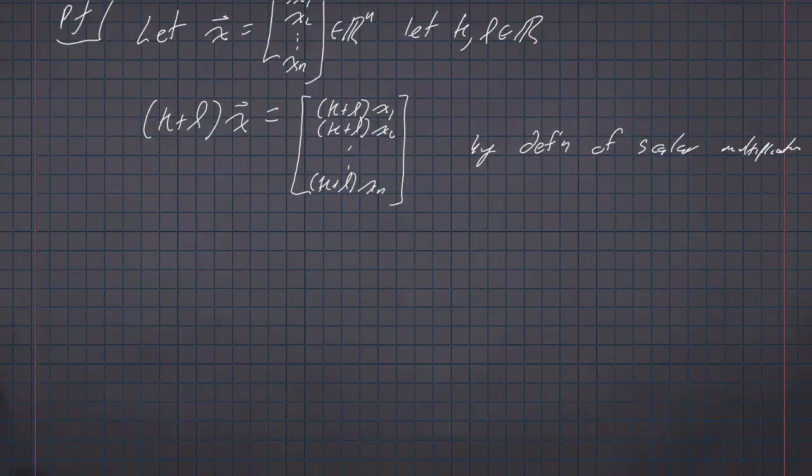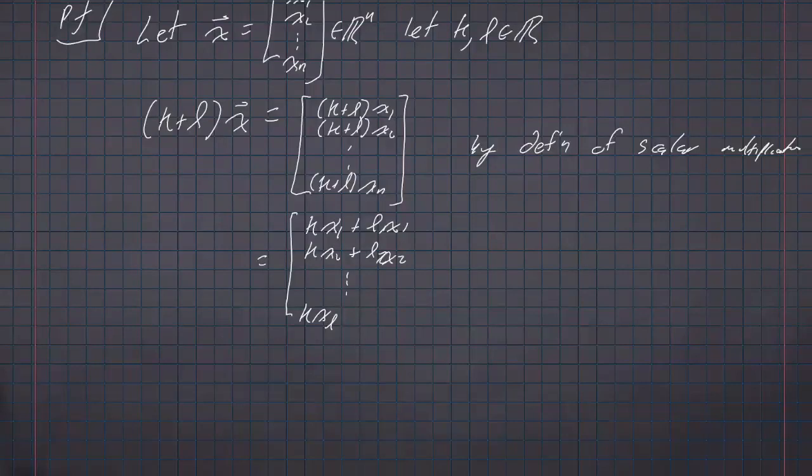Then my next step, inside each of the components of this vector, I can use the distributive property for real numbers and split that up as kx1 plus lx1, kx2 plus lx2, all the way down to kxn plus lxn.